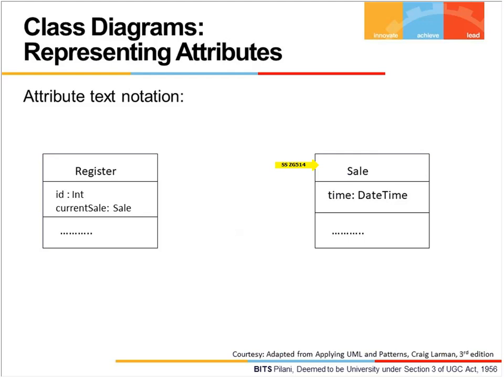So my currentSale attribute in the Register class is of type Sale, which is another class in my system, right?